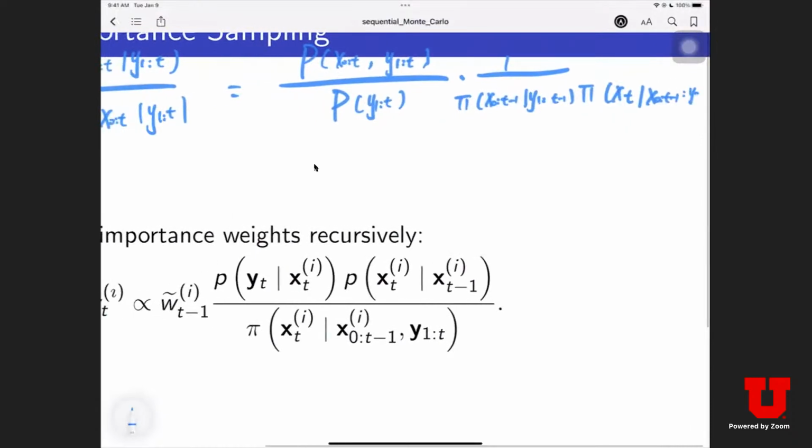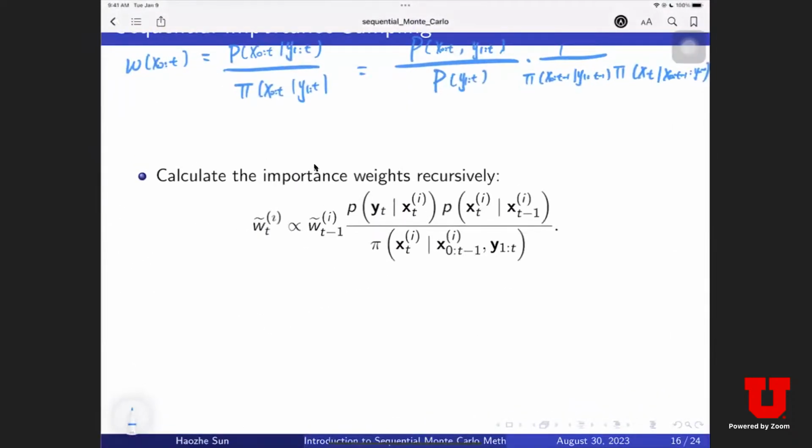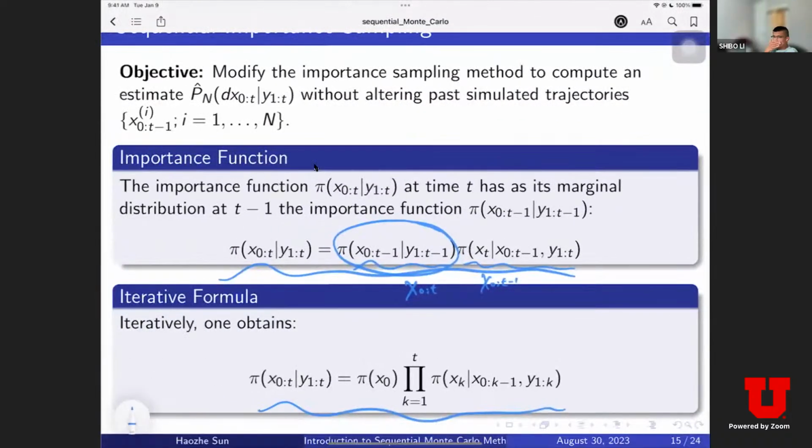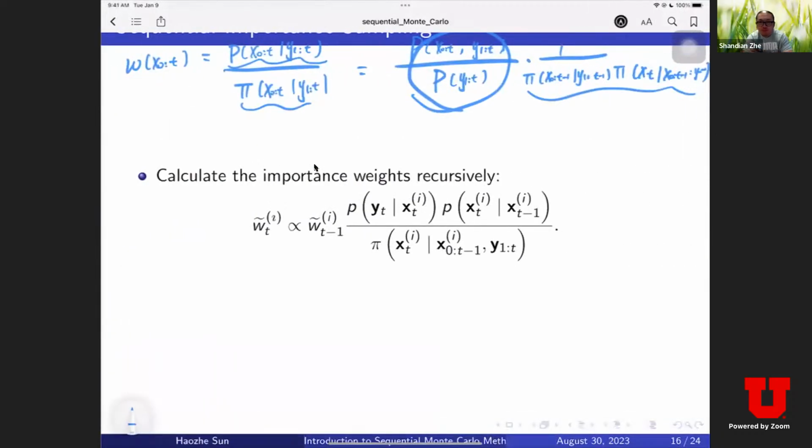It's too long. It is because of these things, and we can get this from here, right? And we can continue.